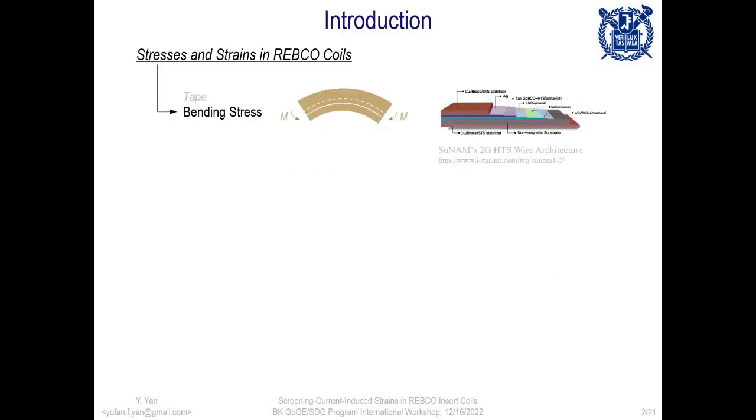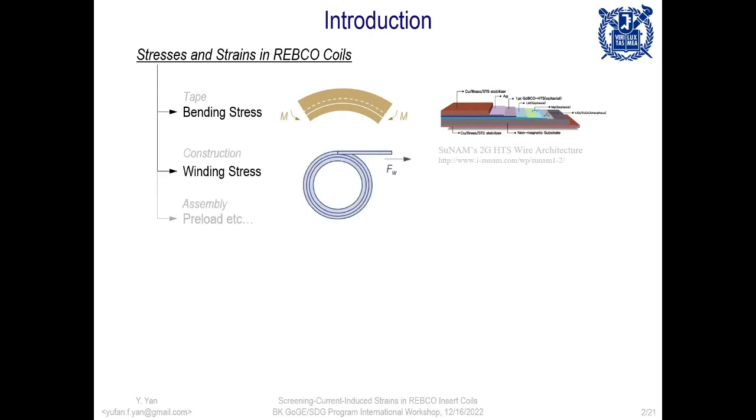First, I would like to start with listing the sources of stresses and strains in superconducting coils, specifically in REBCO coils. Due to the layered structure of the tape, first we have the bending stress. Then we have to wind the coil into a particular shape, which leads to the winding stress.